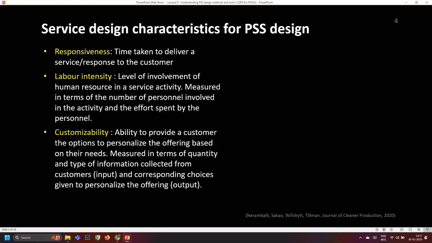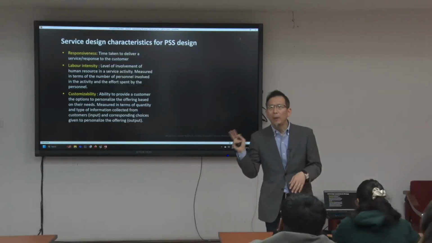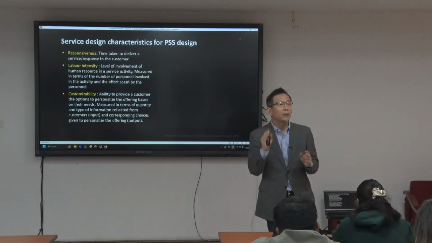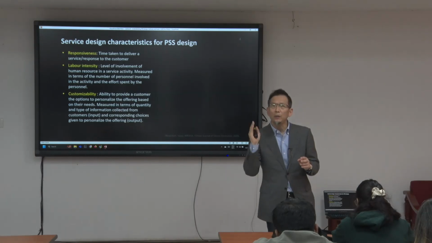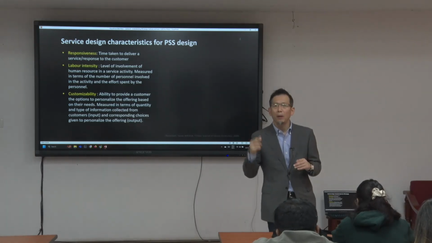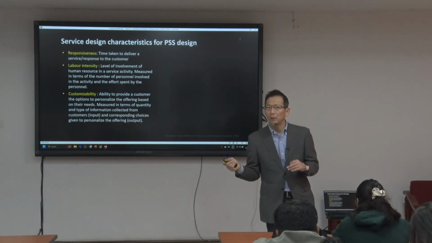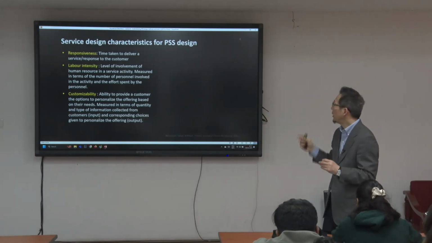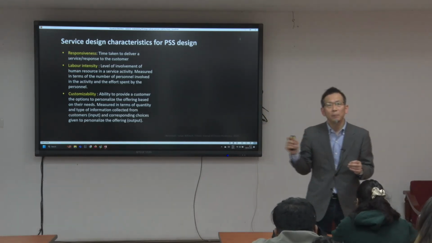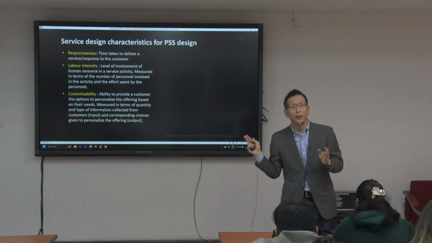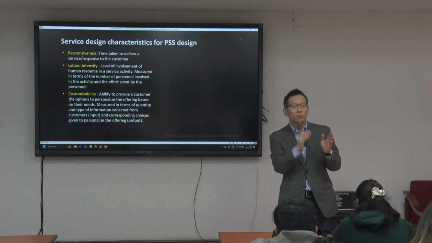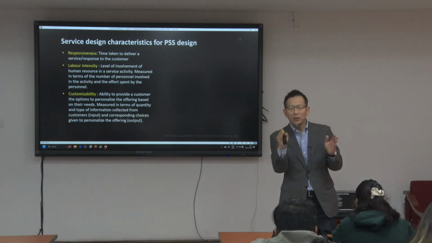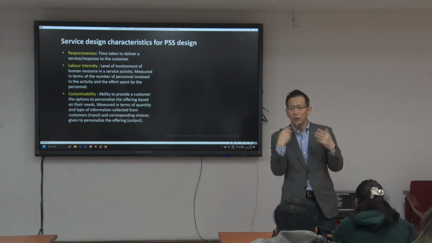But earlier, I also mentioned that standardization is important to make the service economically viable. So there should be a middle point in between. That's why this customizability is an important aspect. A designer should decide how much customization a service should allow.